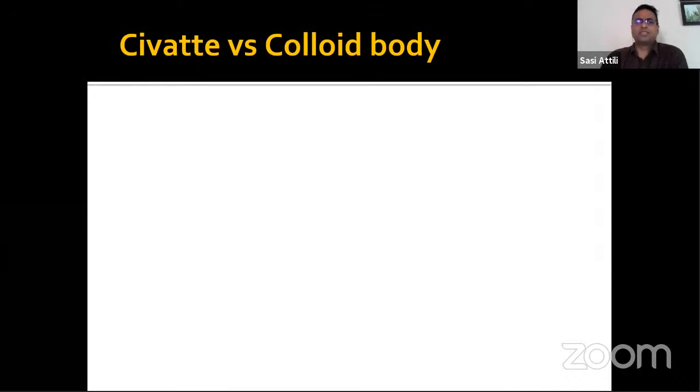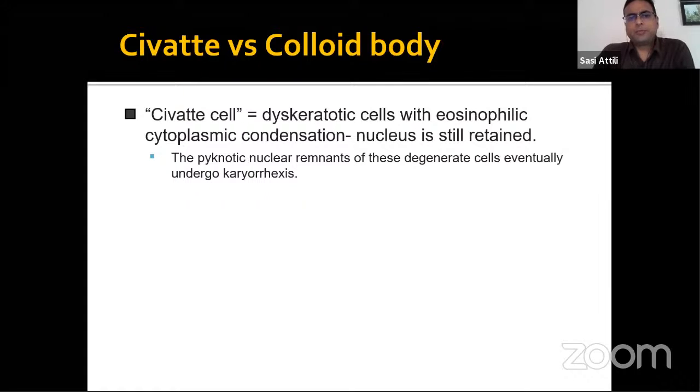When you're talking about a cell, you want to see a nucleus. So a Civatte cell is basically a diskeratotic cell with eosinophilic condensed cytoplasm, and the nucleus is still retained, like in the example I've shown you.